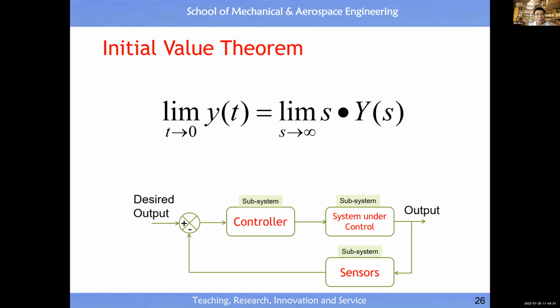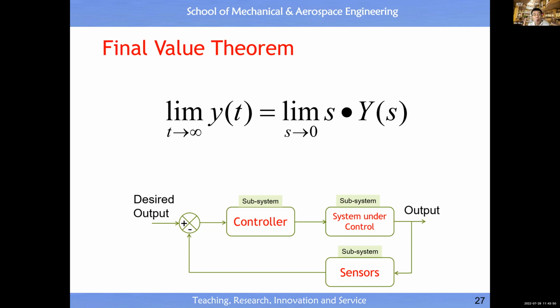In addition, there are two useful theorems. One is to predict the initial value in the time domain while we are in the frequency domain. This is like magic: in the frequency domain, without going back to the time domain, we are able to predict the initial value in the time domain and also the final value in the time domain.